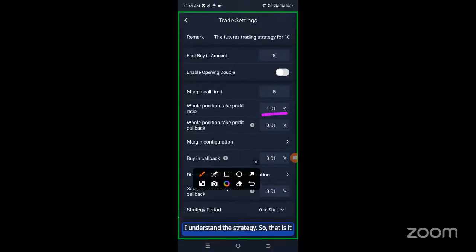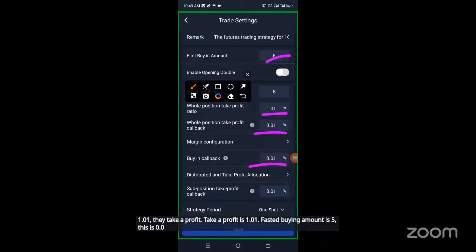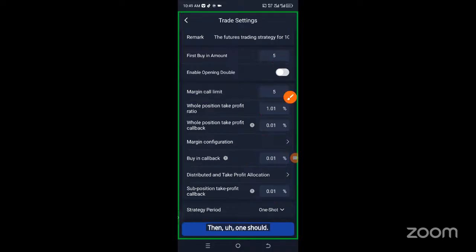So the take a profit is 1.01. First buying amount is 5. This is 0.01, 0.01 again, and 0.01, then one shot. You trade in one shot.